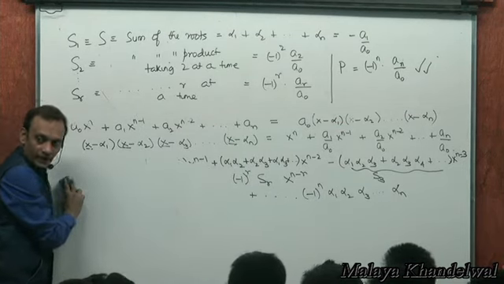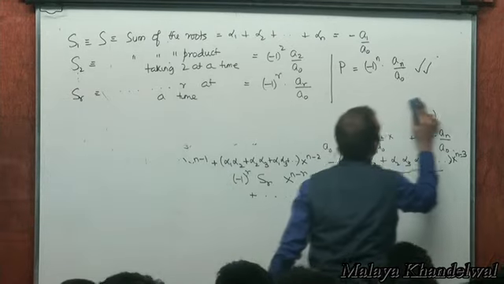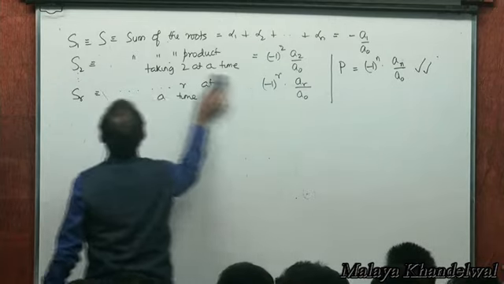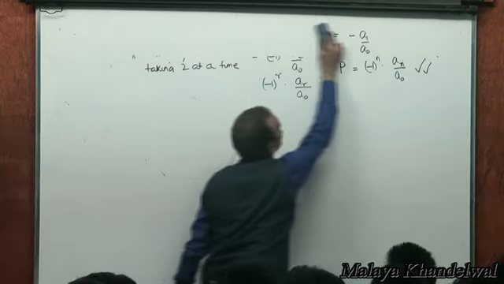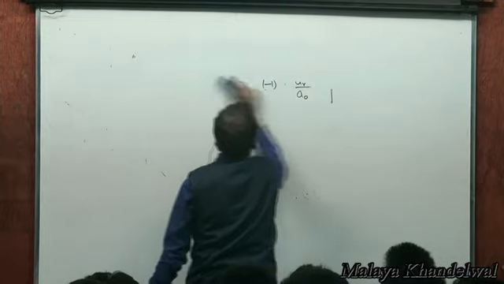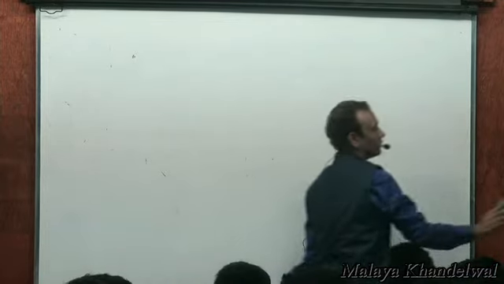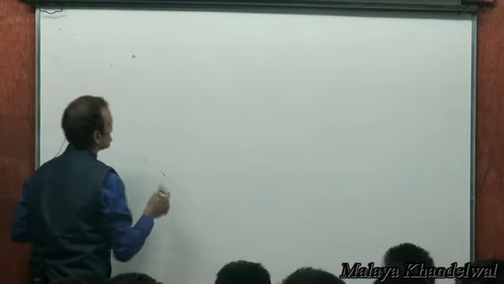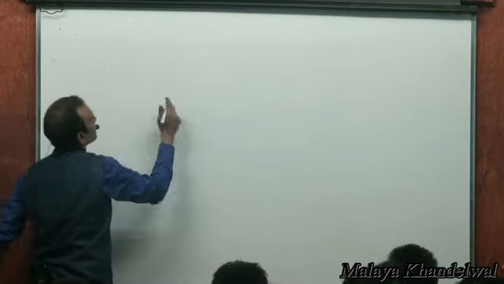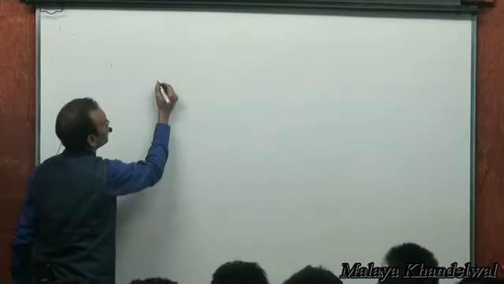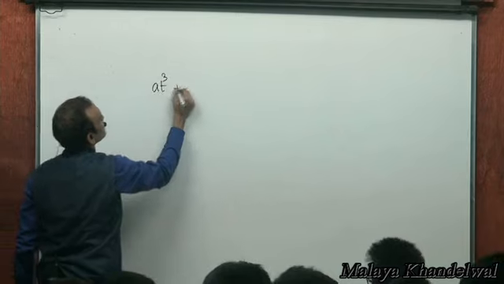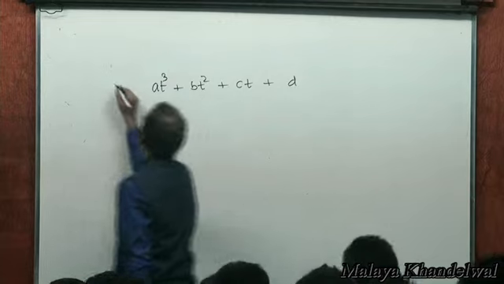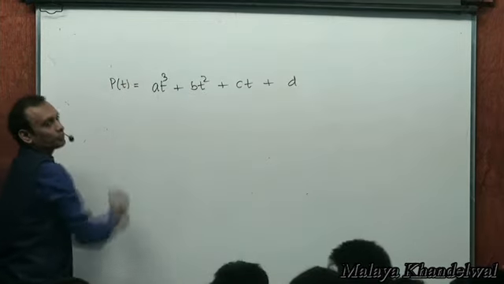Seems okay, right? Now, see, if I have a polynomial like this, a t cube plus b t squared plus c t plus d, it's a polynomial of degree 3.